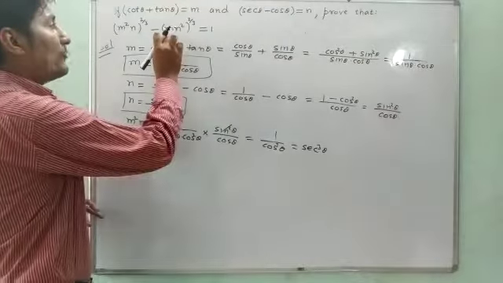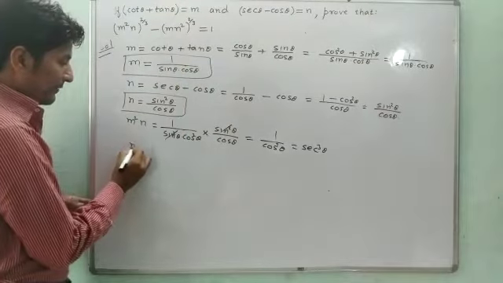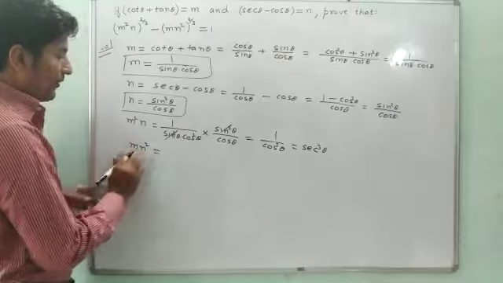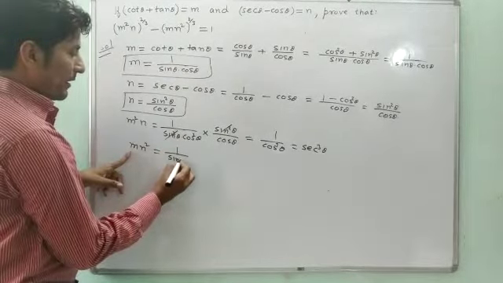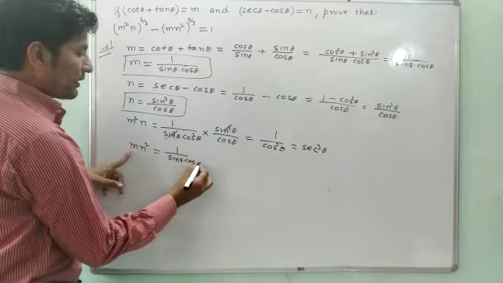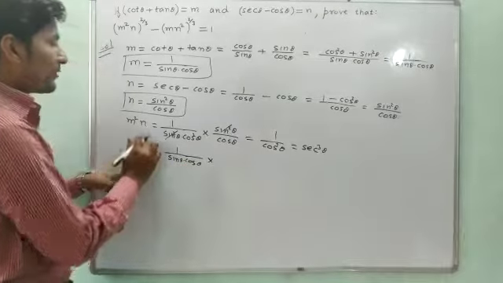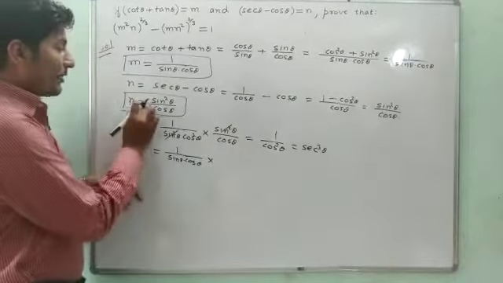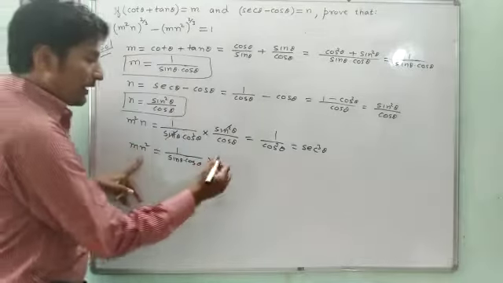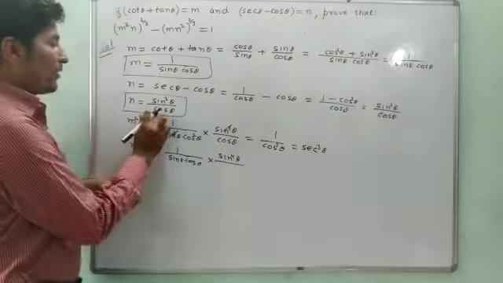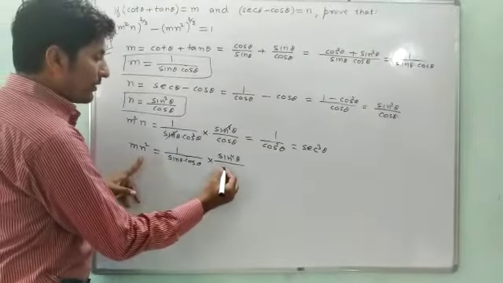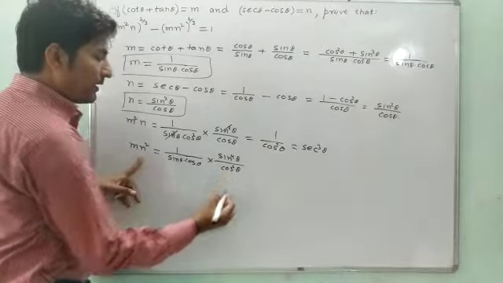Similarly, we can find the value of mn square. Value of m we have to copy: value of m is 1 upon sin theta into cos theta multiplied by n square. Now we have to put the n square. Sin square whole square equals sin to the power 4 theta, divided by cos theta whole square equals cos square theta.